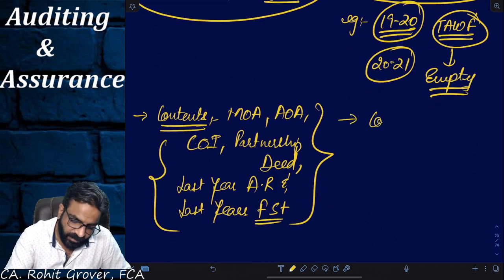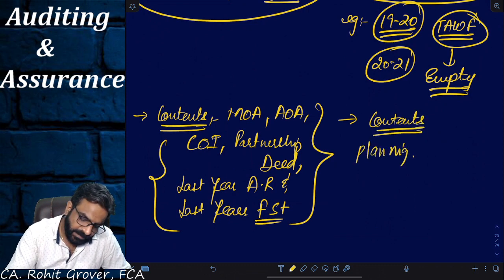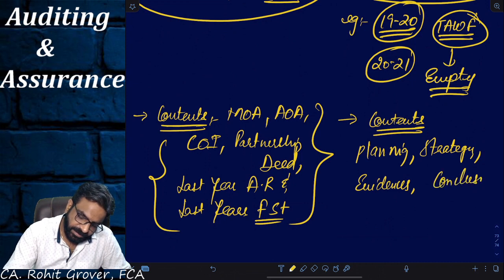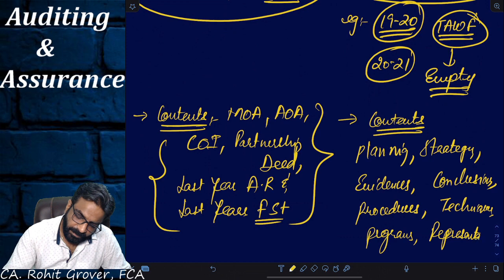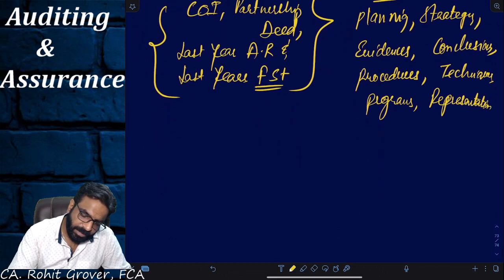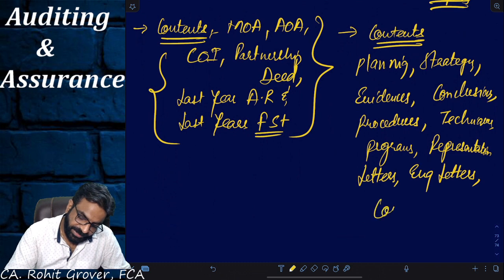Now, on the other side, what are the contents of this file? Planning, strategy, evidences, conclusions, procedures, techniques, programs, representation letters, engagement letters, communications.